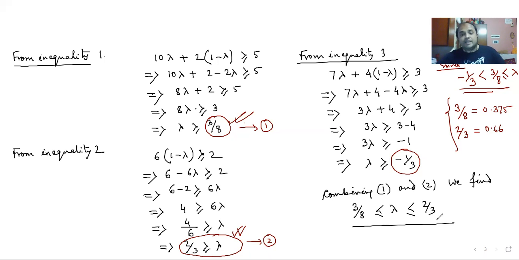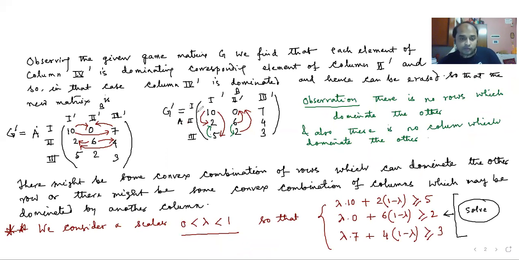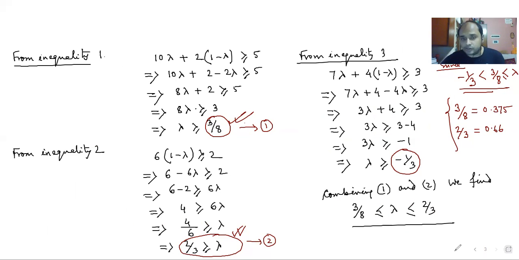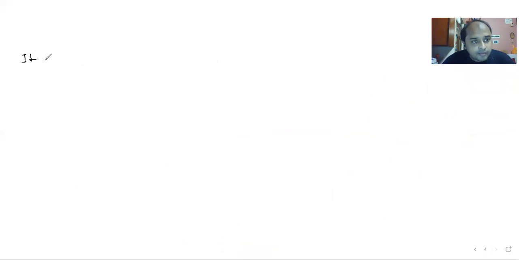So what does it mean? It is possible to find such lambda for which the convex combination of Roman 1 and Roman 2 dominates Roman 3.